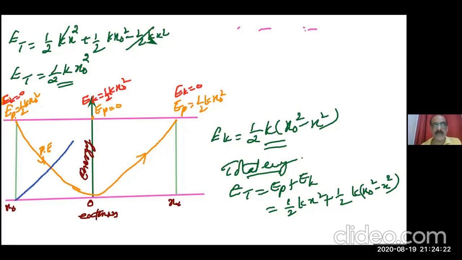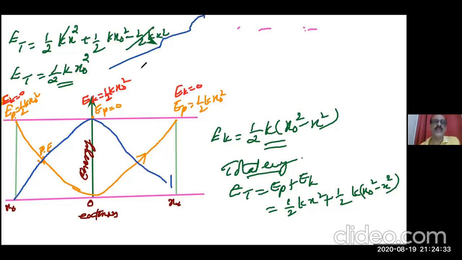What is this graph representing? This line: kinetic energy.